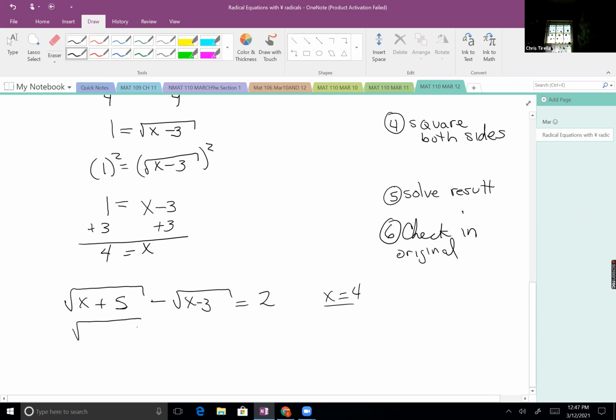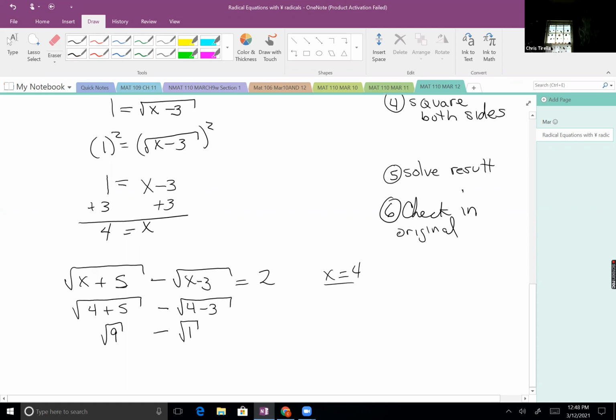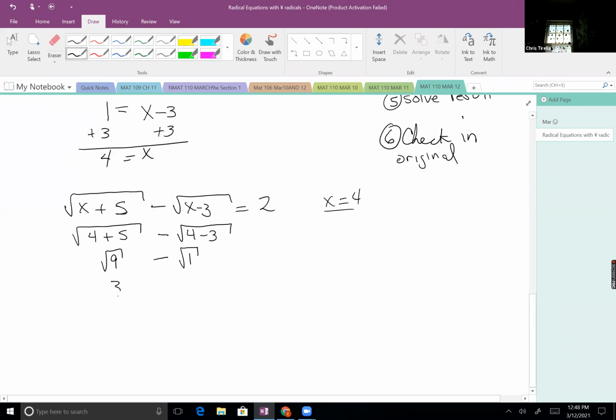If I substitute my answer, x equals 4, that gives me the square root of 4 plus 5 minus the square root of 4 minus 3. 4 plus 5 is 9, so that's the square root of 9, minus 4 minus 3 is 1, that's the square root of 1. The square root of 9 is 3, the square root of 1 is 1, 3 minus 1 is 2 equals 2, and it checks.